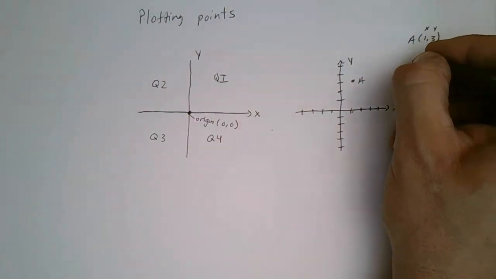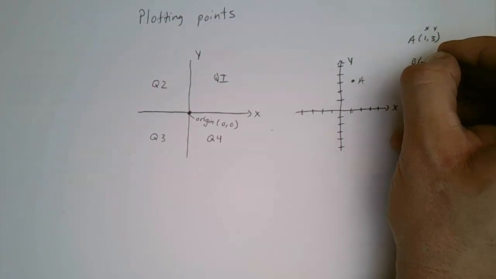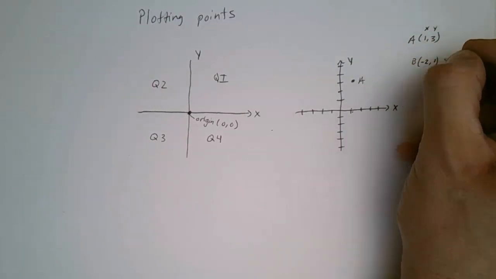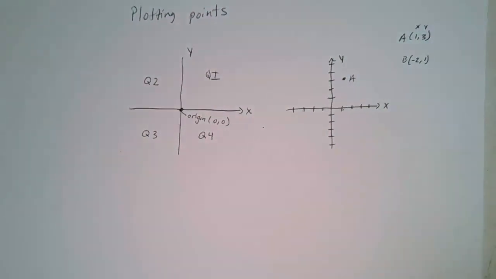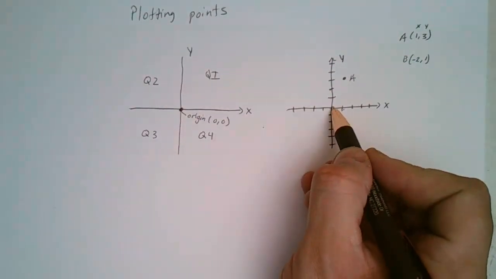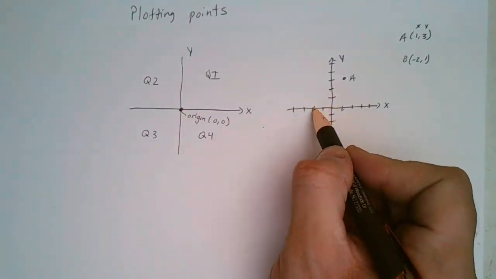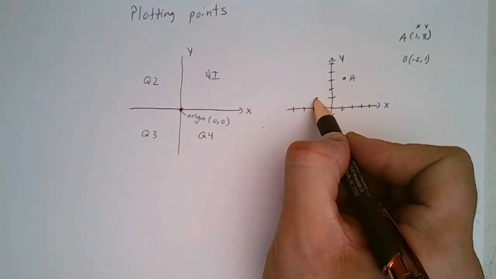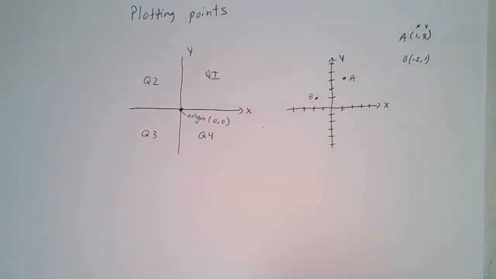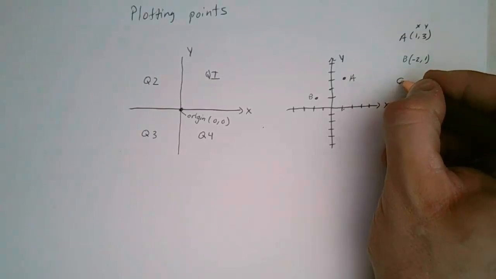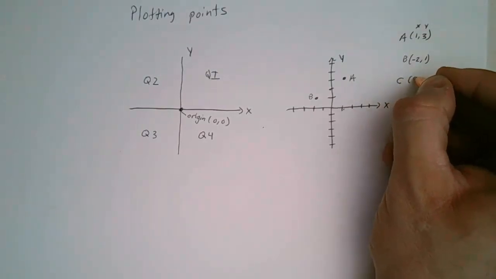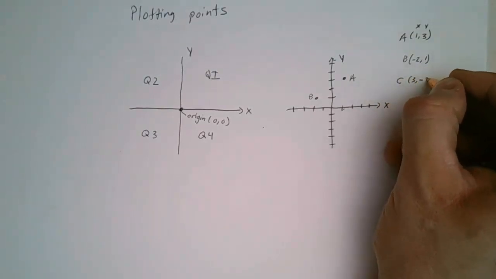If I gave you point B and I said it was negative 2, 1, so x first, y second, you're going to go left 2 and then up 1, and that would be point B. And point A would be in quadrant 1, point B would be in quadrant 2. Let's go ahead. Point C, what if I said to you 3, negative 2?